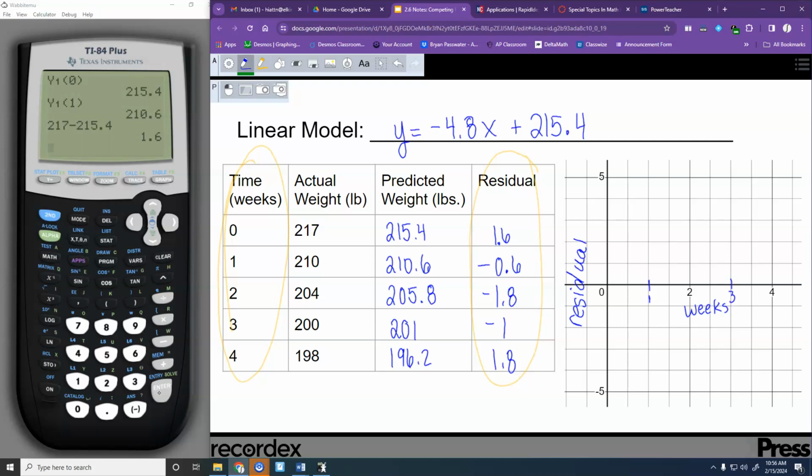Okay, if we graph these at 0, we got 1.6 right there. At 1, we have negative 0.6 about right here. At 2, we have negative 1.8. It's about right here. 3 is negative 1. It's here. And 4 is 1.8.